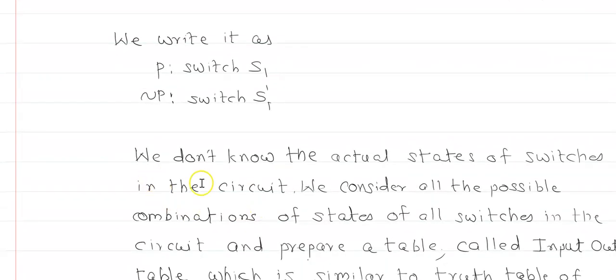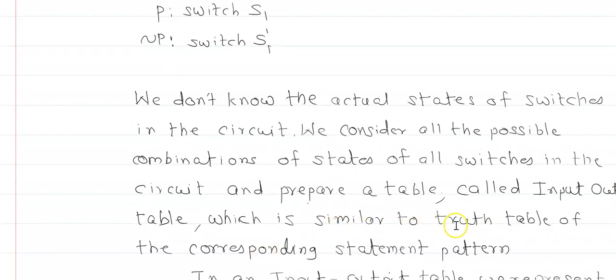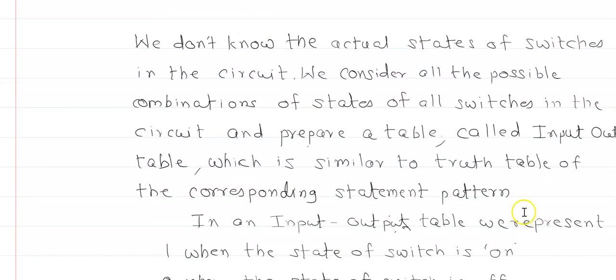Now we don't know the actual states of the switches in the electric circuit. We consider all the possible combinations of the states of the switches in the circuit and prepare a table called an input-output table, which is similar to the truth table of the corresponding statement pattern.